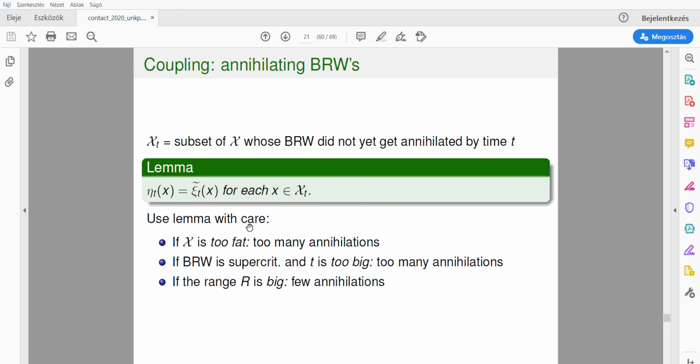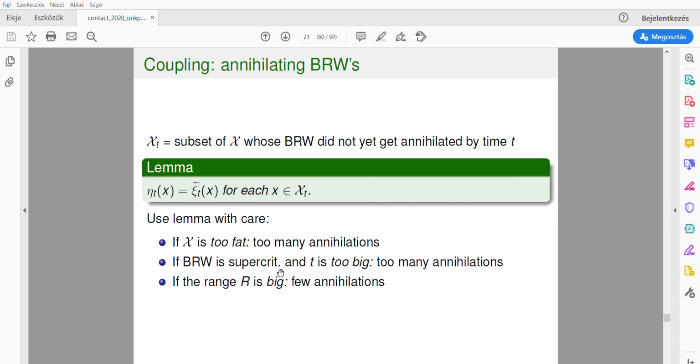As long as t is fixed and as long as x is fixed, I can make the range of my branching random walks very big, and that helps, because if these branching random walks make big jumps, then very quickly they are going to be spread out in space, and they are not going to annihilate because they are so far away from each other.